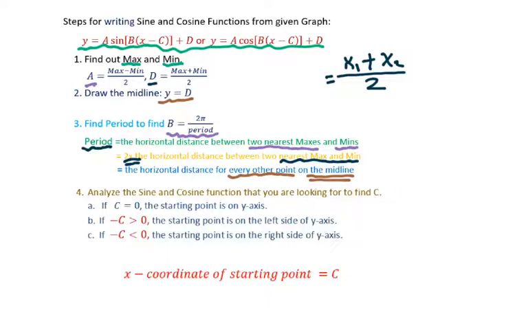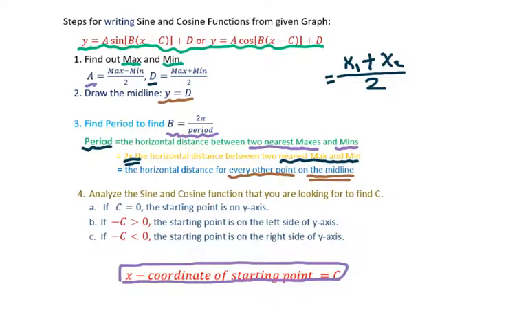After you get A, B, D, then you need to figure out C. We know that the x coordinate of the starting point equals C. So you need to figure out the starting point. First of all, you need to analyze the sine and cosine function that you are looking for to figure out C. If C equals 0, then the starting point is on the y-axis.